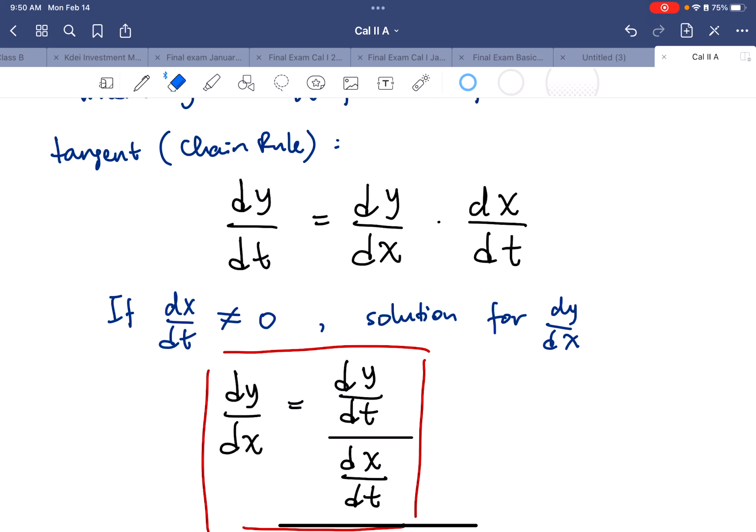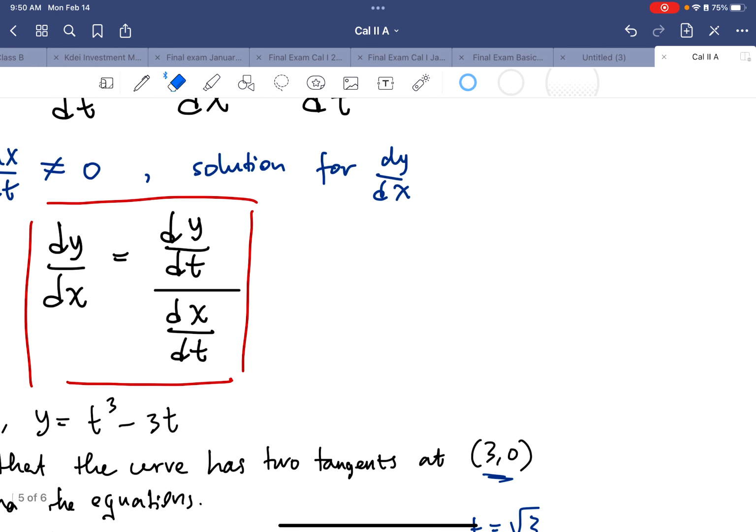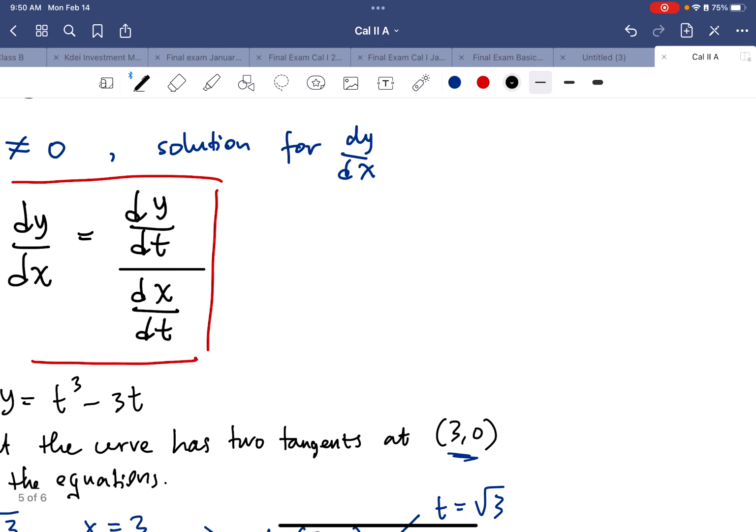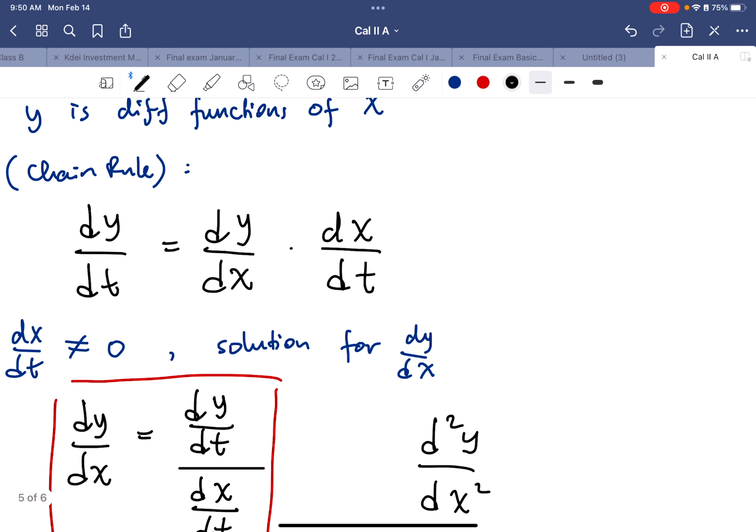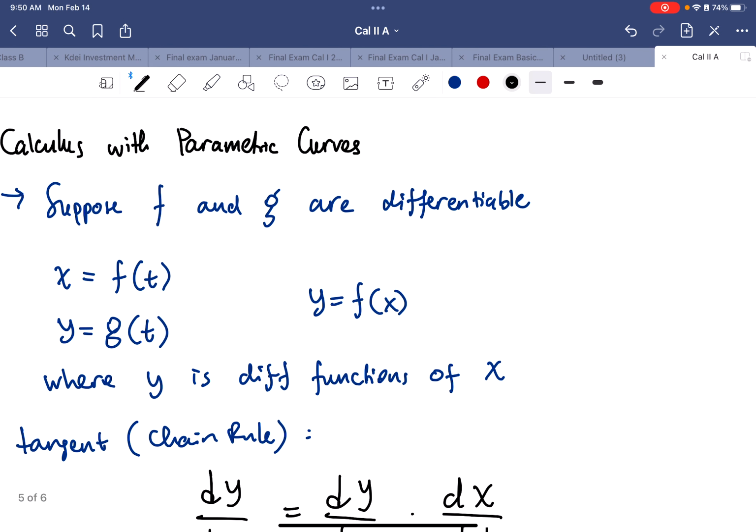Okay. Now, if you are going to have the second derivative, if you directly derive this, and then derive also this, another one, right? It means that you broke the rule here, which is y itself is function of x.